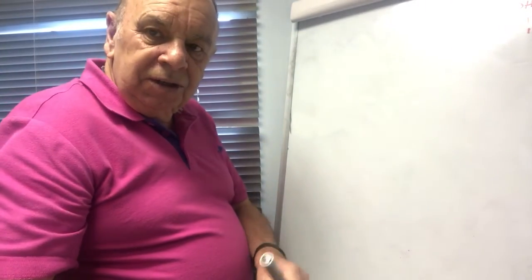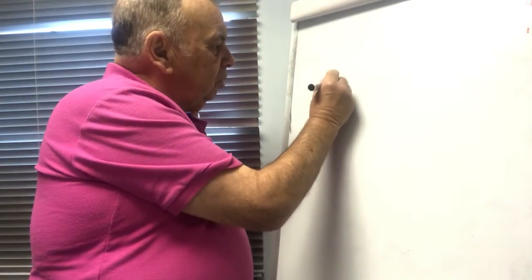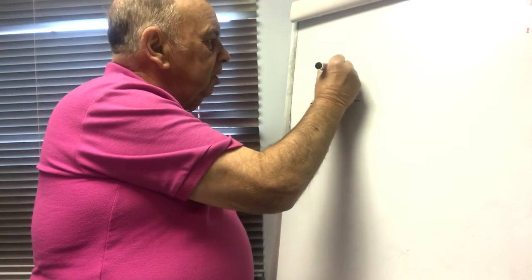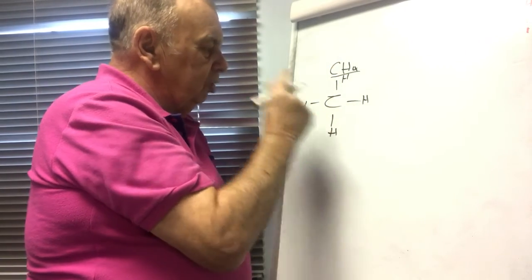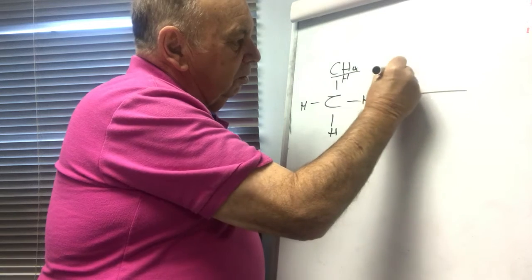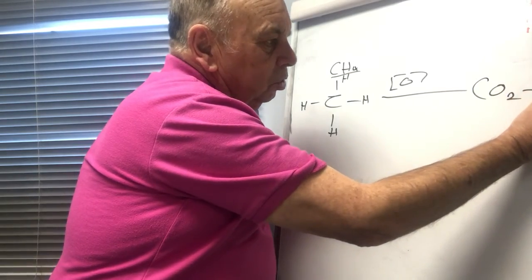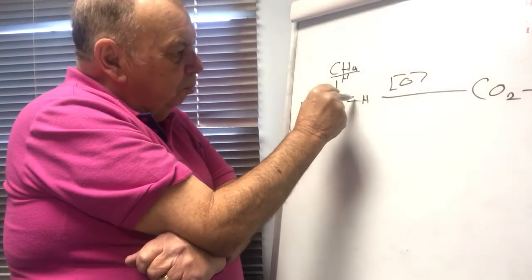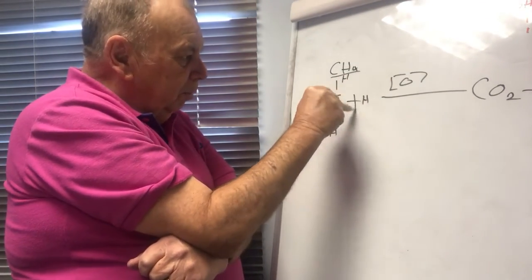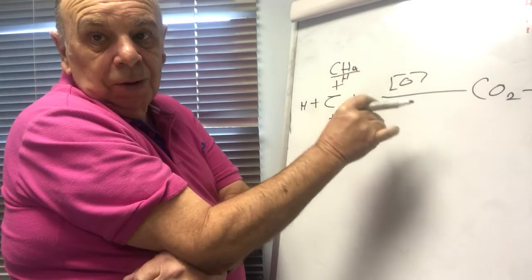Now, those energy changes, there's a bit more to them involved than that. So what happens, for example, if I took methane, CH4, and it's burnt in oxygen, it forms carbon dioxide and water. What happens is, you can see that some of those bonds get broken. The energy that keeps those bonds together is called the bond energy.